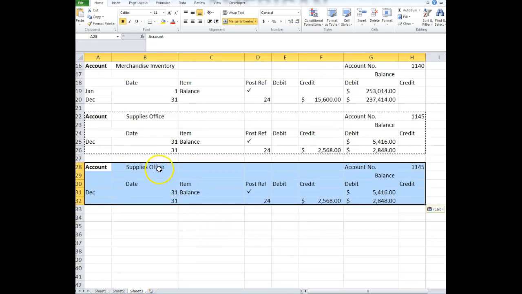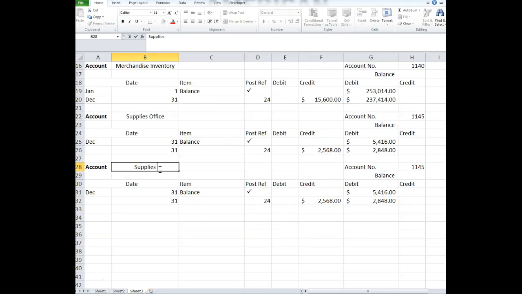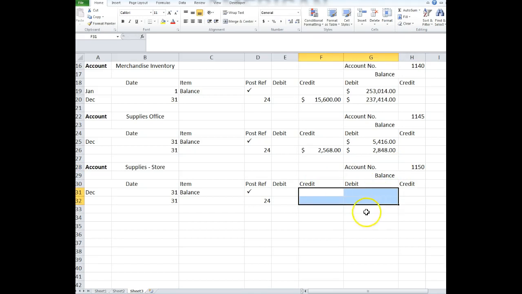Okay, so next is supply store. That is 1150. Okay, so what is our balance as of December 31st for supply store? Debit or credit? Okay.